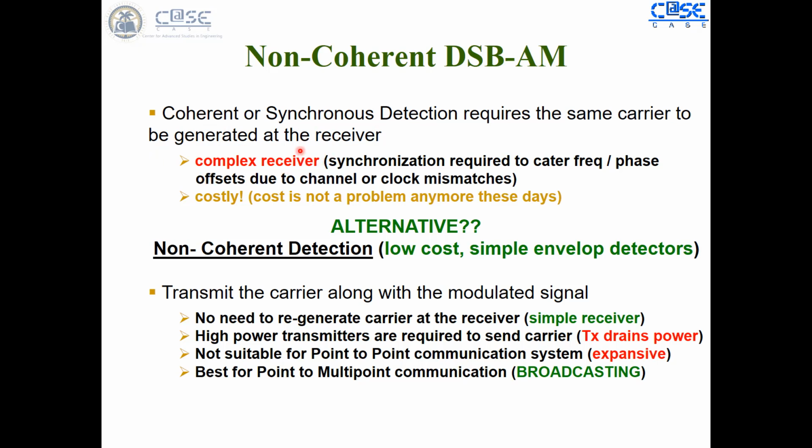We have a very complex receiver at the receiver units. In our mobile stations, we have a very complex unit there. But like I said earlier, if we meet the requirements of non-coherent detection, we can have very low cost receivers, and yet we would be able to decode the message signals very nicely.